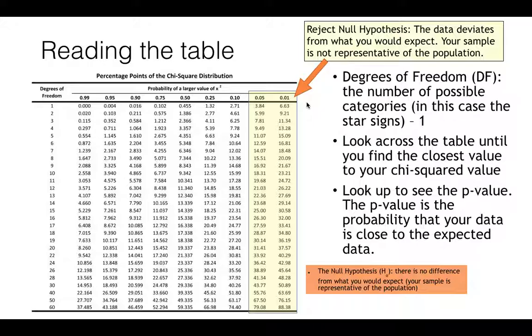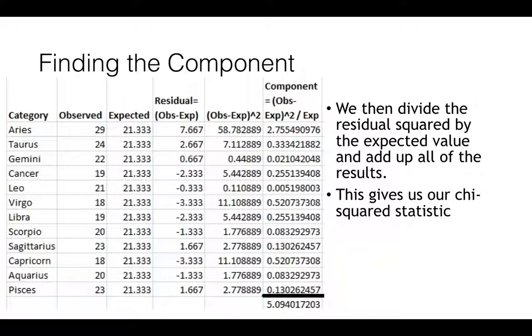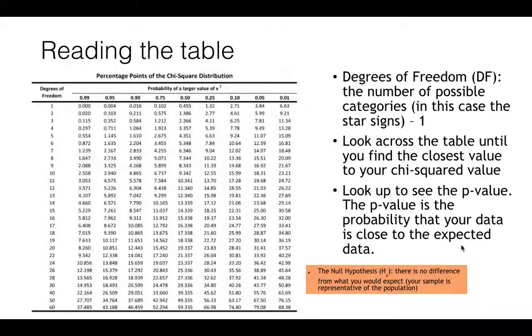So let's have a look for our star sign. Let's have a look at our teacher's star signs. We got the chi-squared statistic of about 5.09. So we go to our table here, and we know that we are looking at 11 degrees of freedom, and so we follow across until we get to 5.09, or the closest number to 5.09, and that's going to be between these two values here.